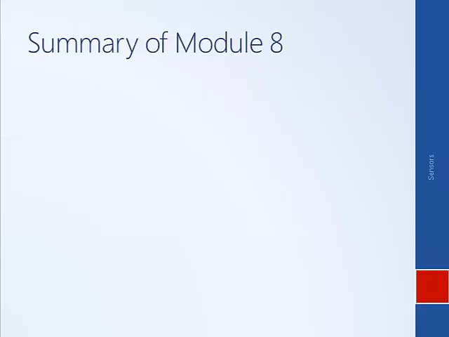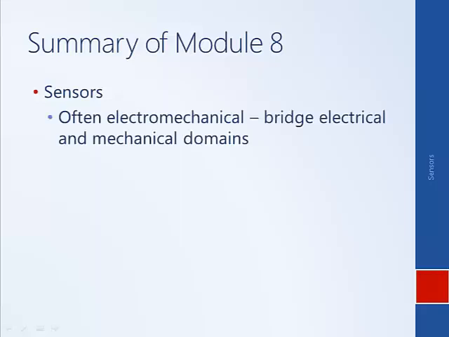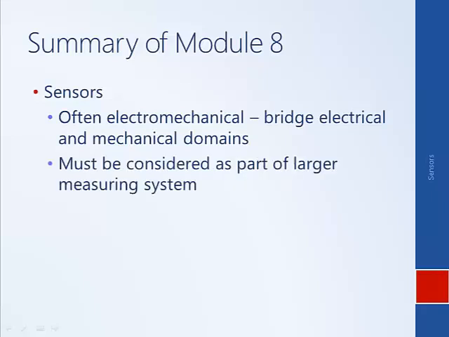Okay. So this brings us to the conclusion of Module 8. In this module we discussed sensors. In particular, we discussed examples of electromechanical sensors, sensors that are able to bridge the electrical and mechanical domains of our control system. We also talked about how they must be considered as part of a larger measuring system, that the output of a sensor may need to be processed in some way, and then it may need to generate an output or be read into a computer.